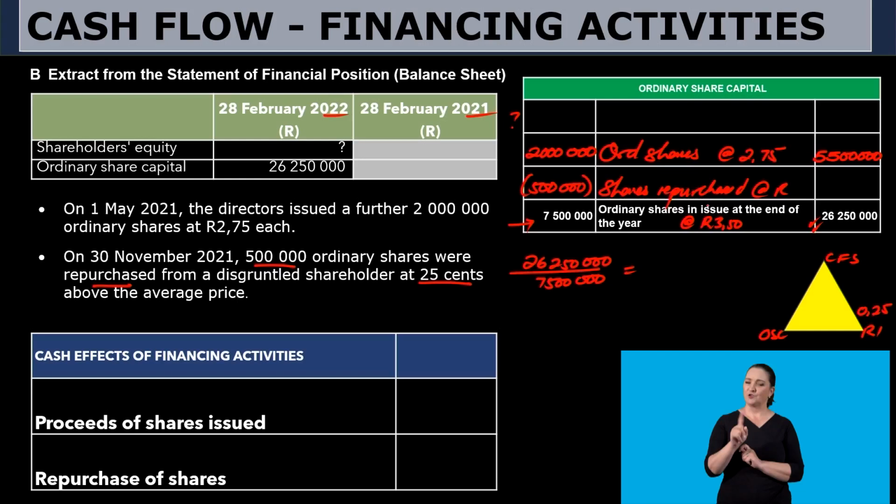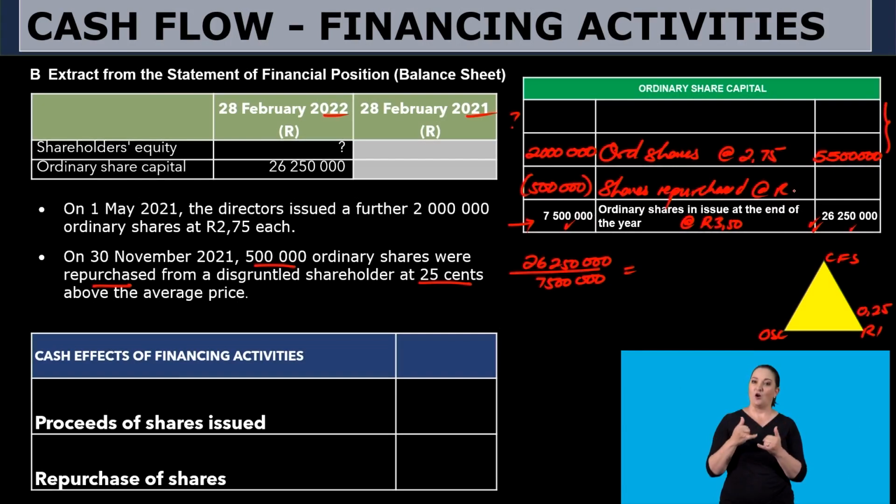And the only thing that changes average price is the issue of new shares. So on the issue of these shares at the beginning, there was an average price that was calculated, and the repurchase of shares would be at that average price. To summarize it, make it very quick, you get the average price here at the bottom.